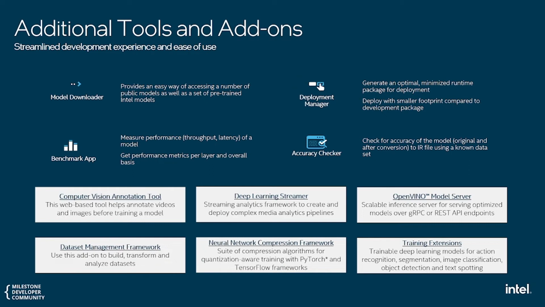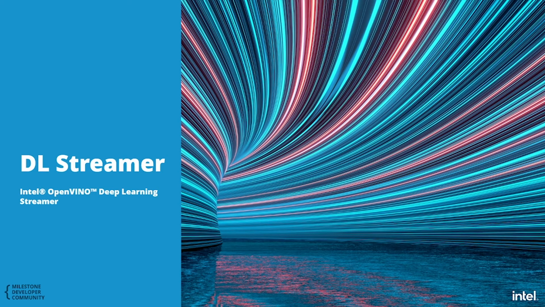Model serving, a distributed system, can be done through the OpenVINO Model Server. For building video stream analytics pipelines, you can utilize Intel's Deep Learning Streamer to create and deploy complex media analytics. And that is what I would like to focus on in the next section of our presentation.